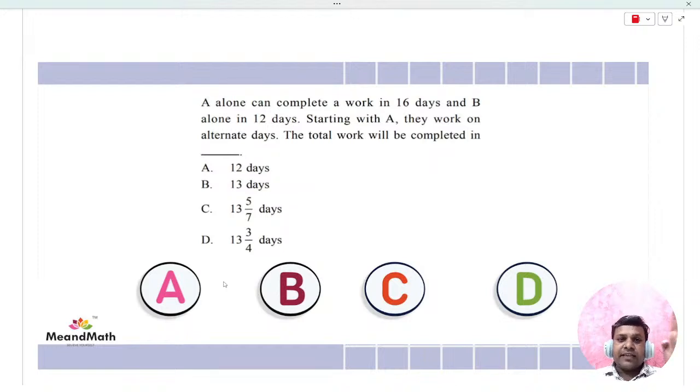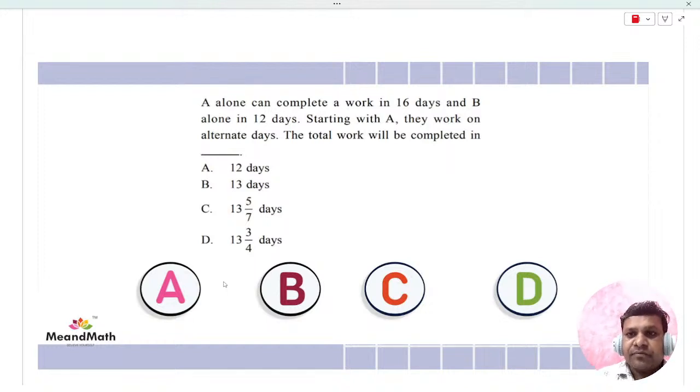It means on the first day A is working, on the second day B is working, then on the third day A, then on the fourth day B. So the first, third and fifth days A is working, and the second, fourth and sixth days B is working. This process goes on. In how many days will the total work be completed?